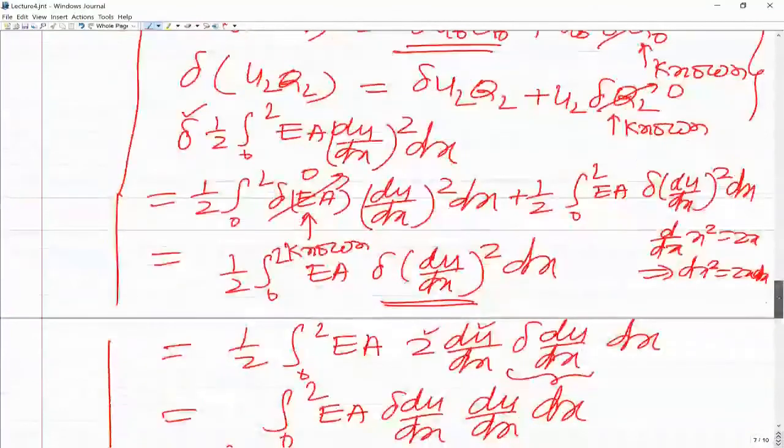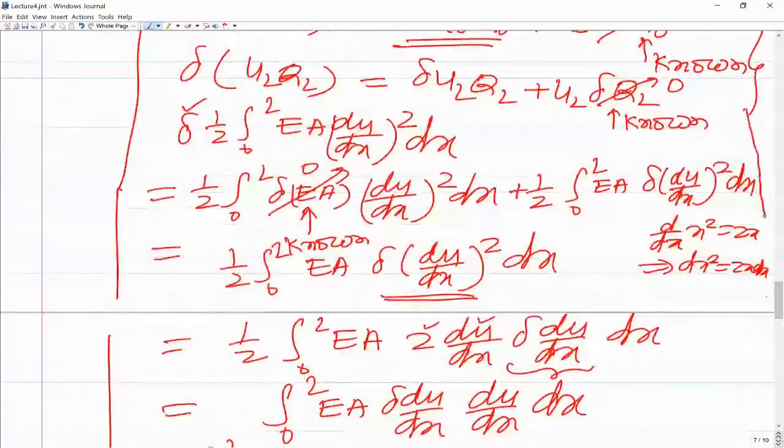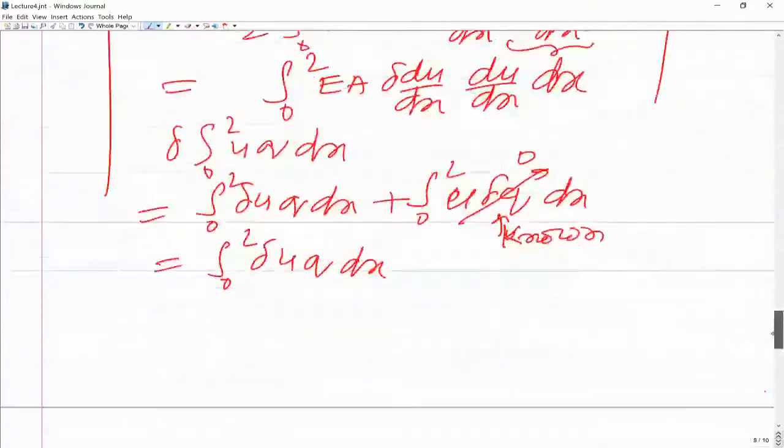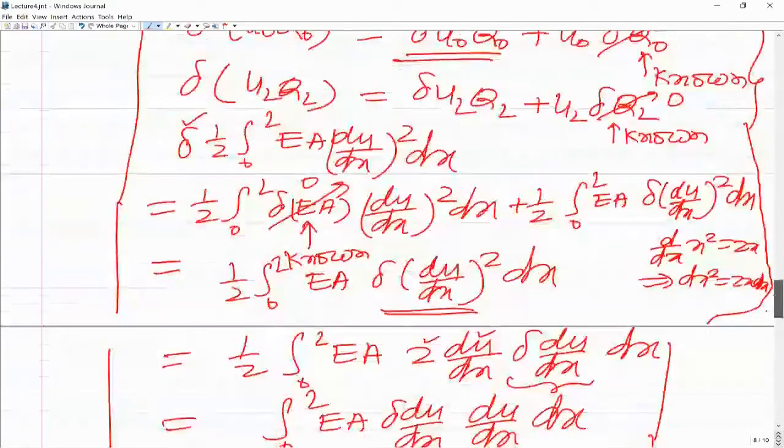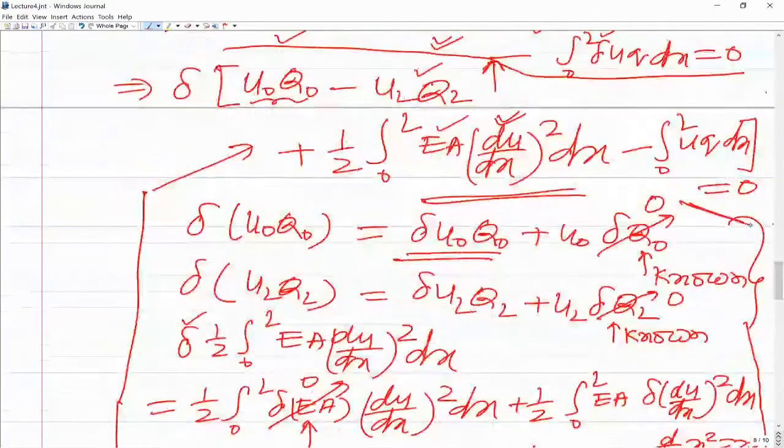When you take the variational operator delta common, you don't have to write all these steps. This is to explain how I have written that. So up to here, if anybody gives you a differential equation and asks you to write the integral functional, you don't have to give all these steps. Starting from here, you don't have to give these steps. This is just to explain how I have written that.